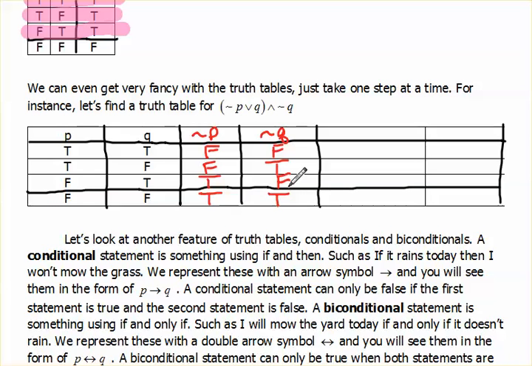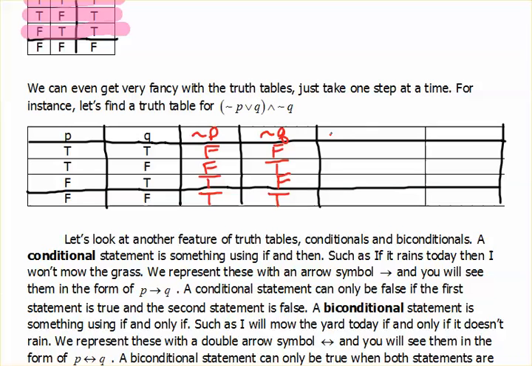Okay, now there is an order of operations to logic, and it's just like the order of operations that you guys have already used. Parentheses and exponents first, and then you work your way out. So with that understanding, these parentheses are going to be done first.